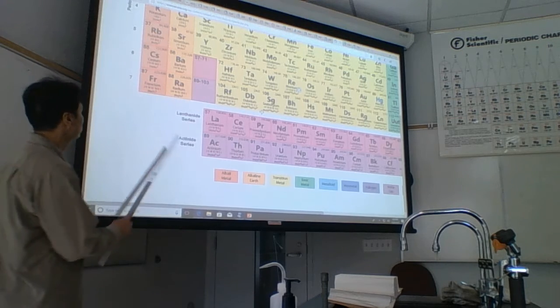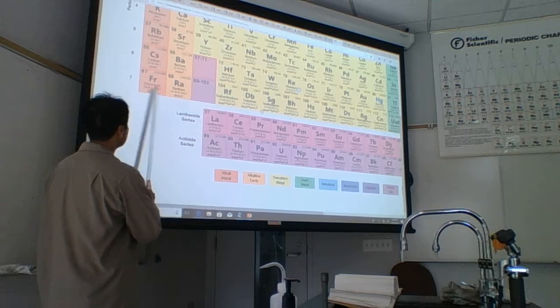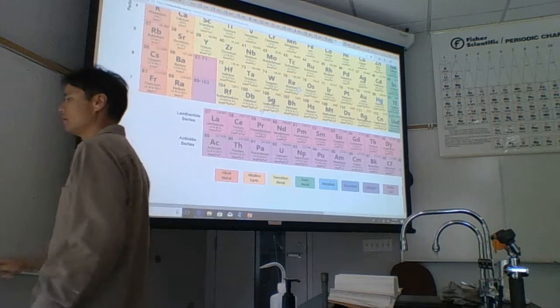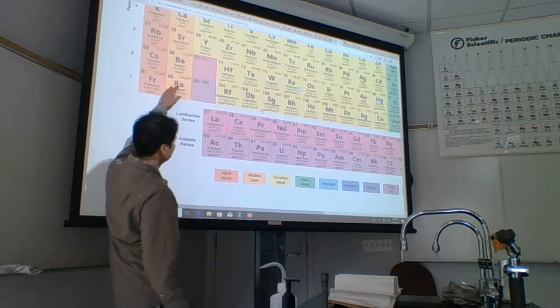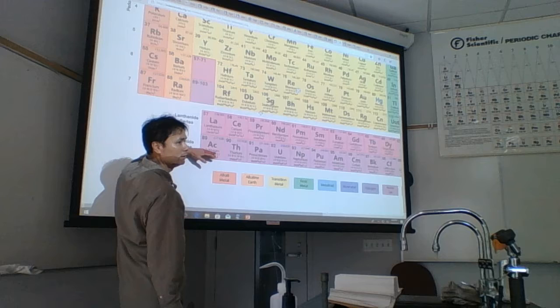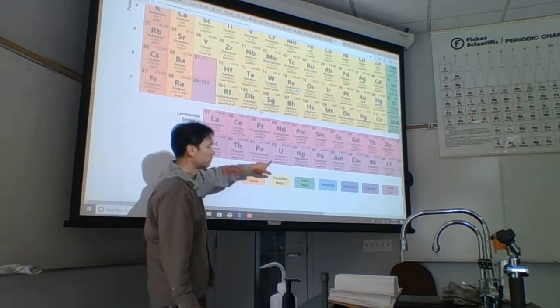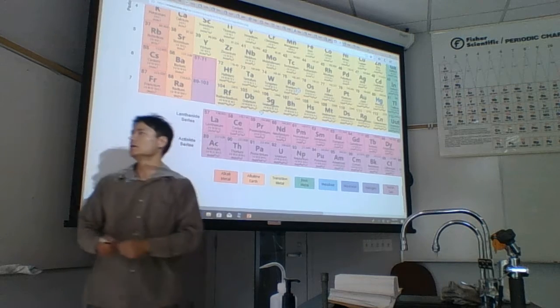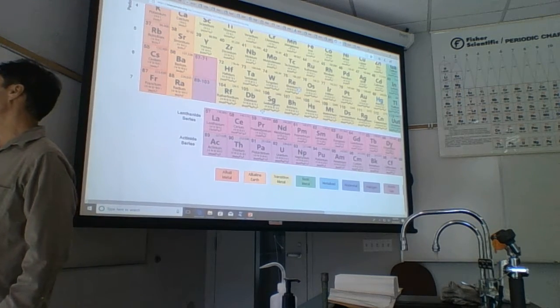And so what we do here is radon, 7s1, 7s2, and then we're done with that. So 7s2, fill that. And then we're going to drop down to the 5f. So this will be 5f1, 5f2, 5f3, 5f4. So it looks like it's 7s2, 5f4 in terms of filling order.